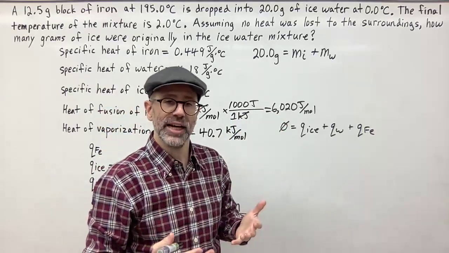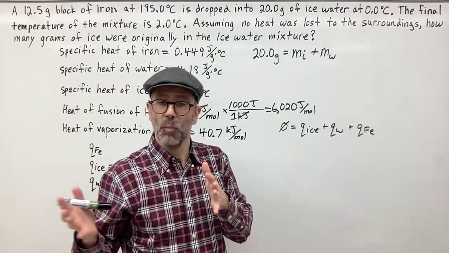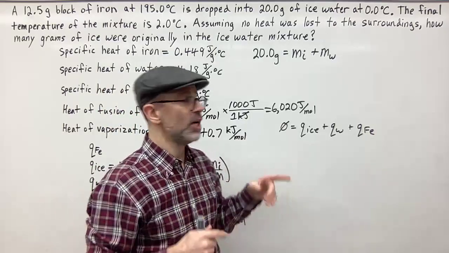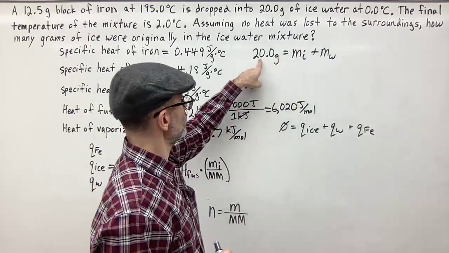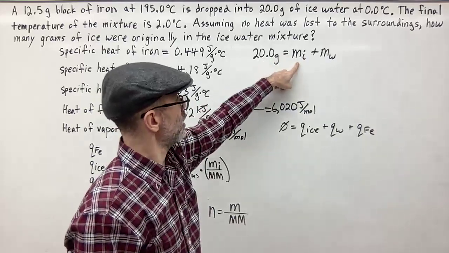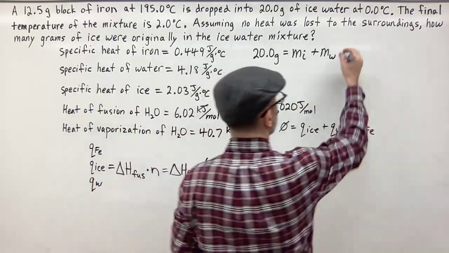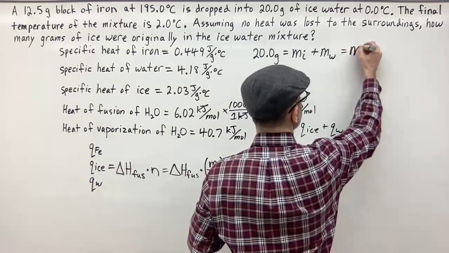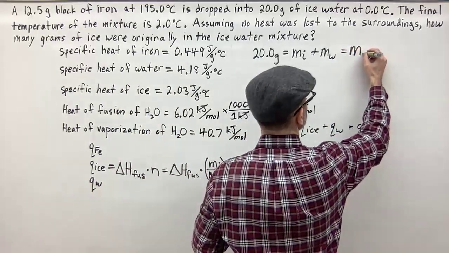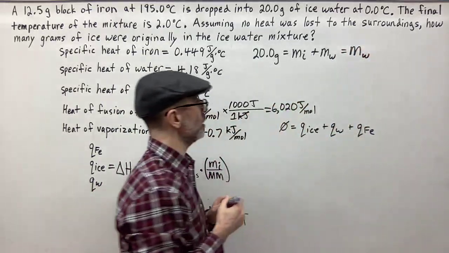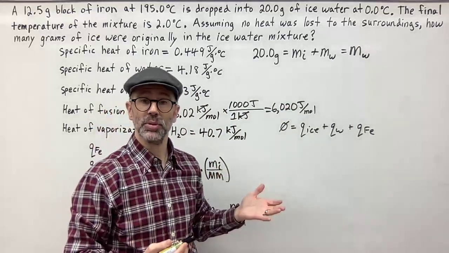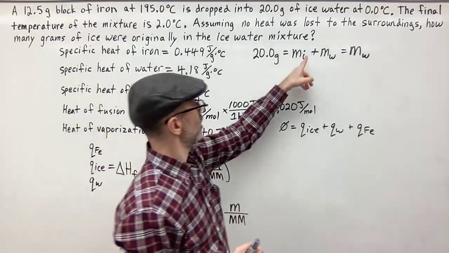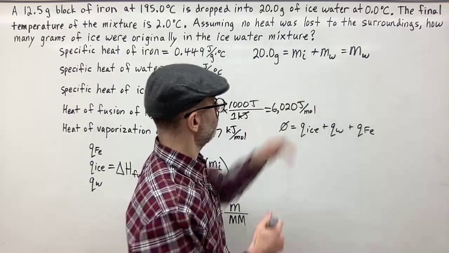Because the mass of the ice does not change when it goes from solid to liquid. So this 20 grams then becomes all water. So that's going to be the mass of the total water that was there to begin with, right? So the mass of the ice and the water.